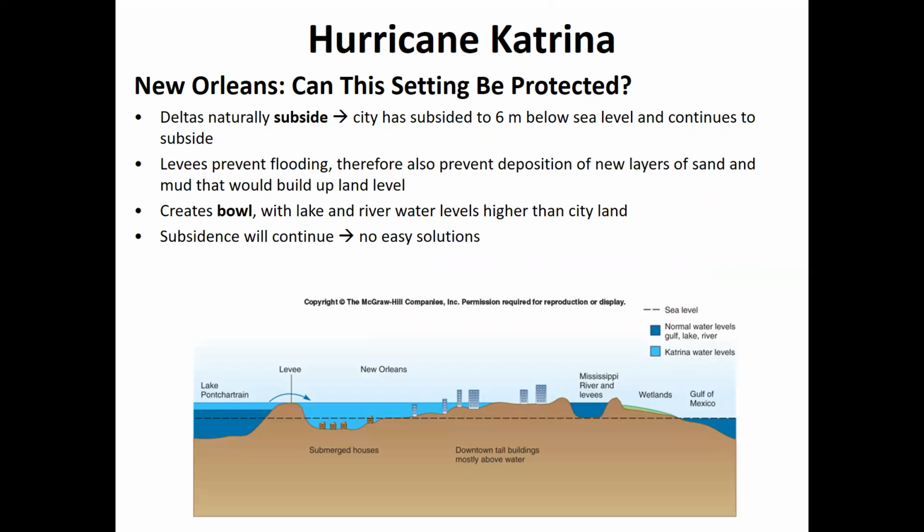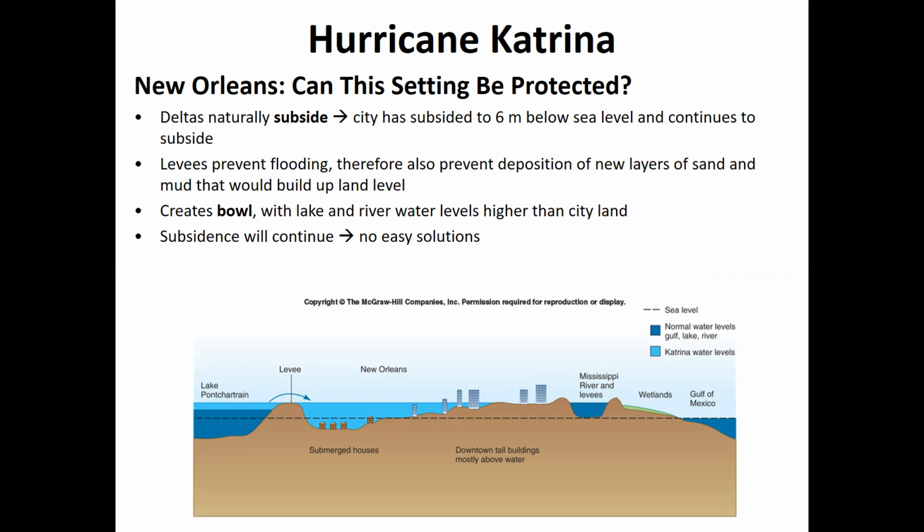The deltas naturally subside over time as the sediment compacts. And the city has subsided 6 meters below sea level and continues to subside. Levees prevent flooding, and therefore they also prevent the deposition of new layers of sand and mud that would build up the land level.